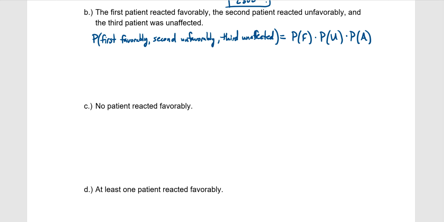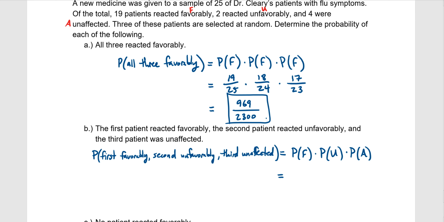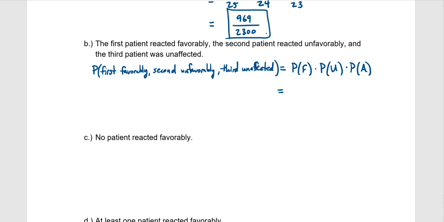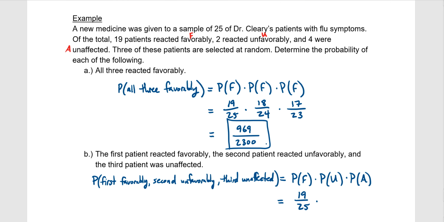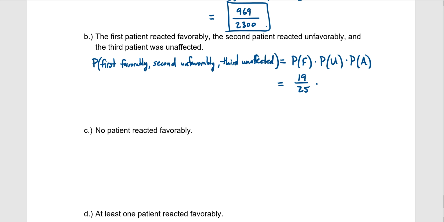So the probability that they reacted favorably, we said that was 19 out of 25, times the probability they reacted unfavorably. 2 of them reacted unfavorably, so that's going to be 2 out of, now we only have 24 left.